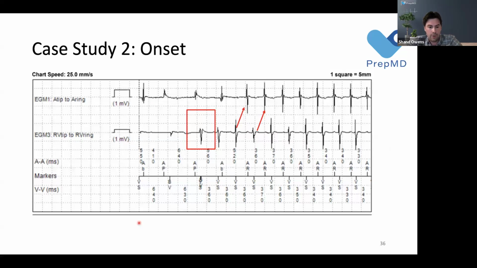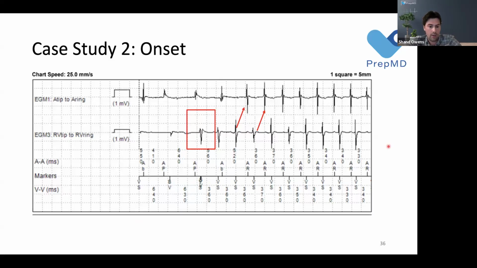So let's take a closer look at this onset and termination here. Looking at this strip, it starts with the PVC and then it goes V to A all the way to the end of the strip. So you can confidently say here that the ventricle is driving this rhythm, which means that this is a ventricular tachycardia.